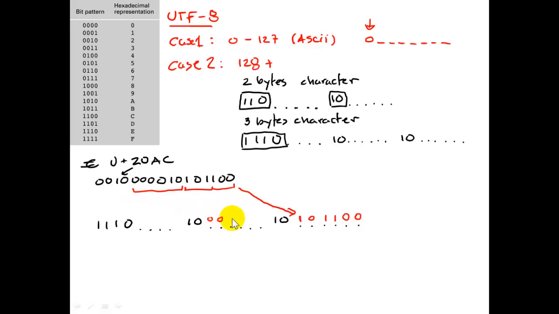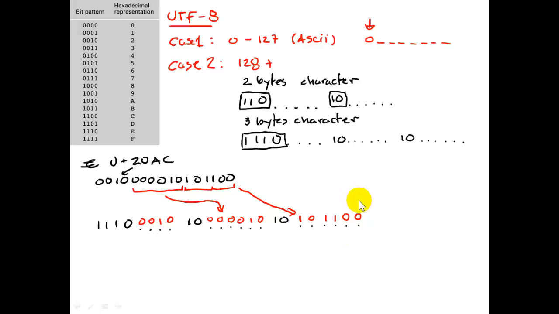So 1, 2, 3, 4, 1, 0. So this is the range that goes here. And finally the last 4 digits, binary 0, 0, 1, 0. So when the Euro symbol gets encoded using UTF and put into a file, 3 bytes are going to be used. The first byte will be this one, byte number 1, byte number 2, and byte number 3.